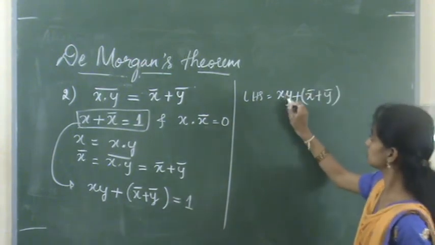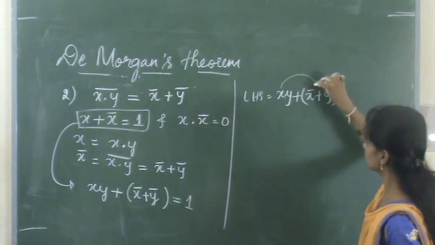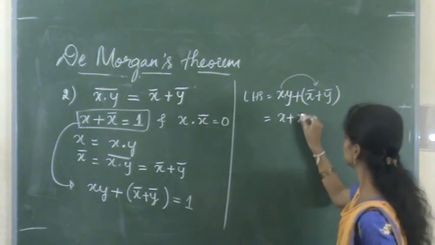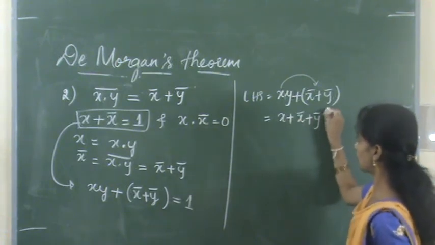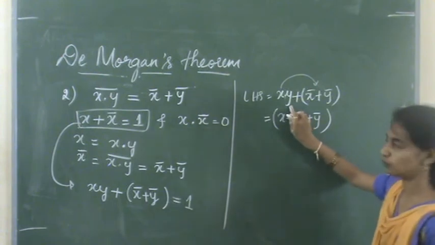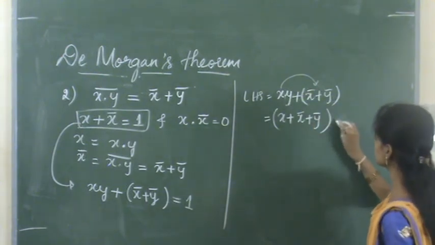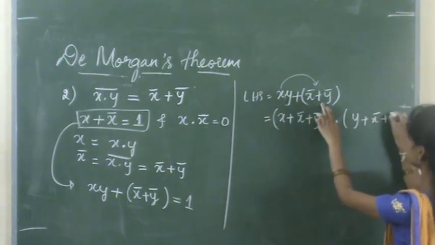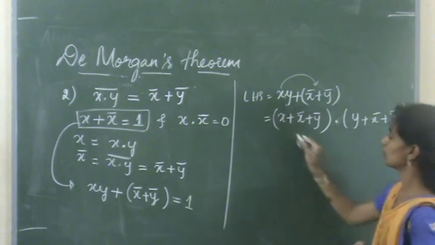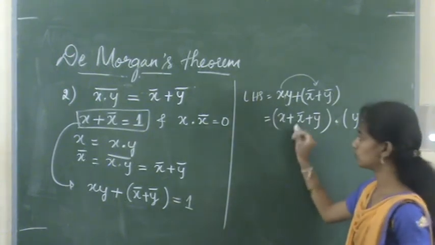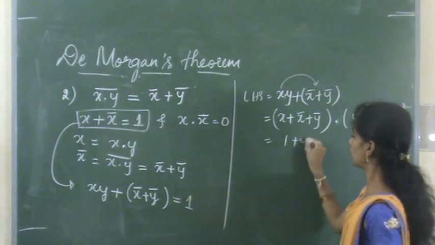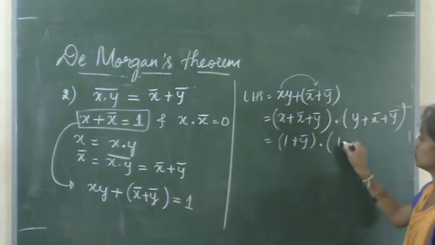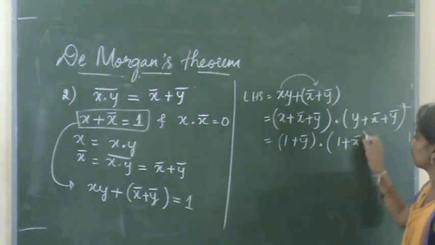So now multiply this with x, do this and then y. So x plus x bar plus y bar and then multiply with y. So y plus x bar plus y bar. Okay. So we know that x plus x bar is equal to 1, plus y bar into y plus y bar is 1, plus x bar.